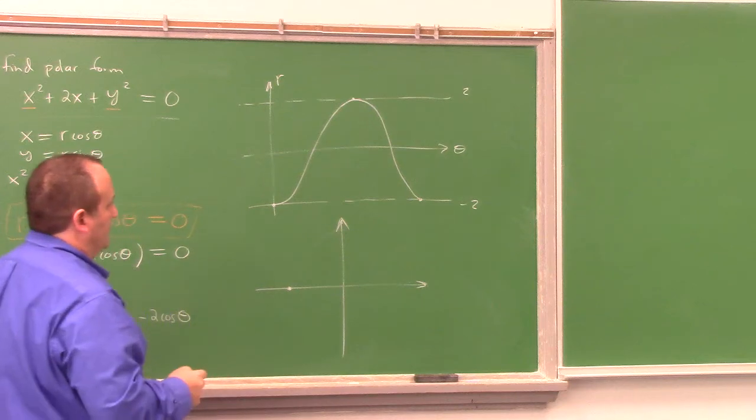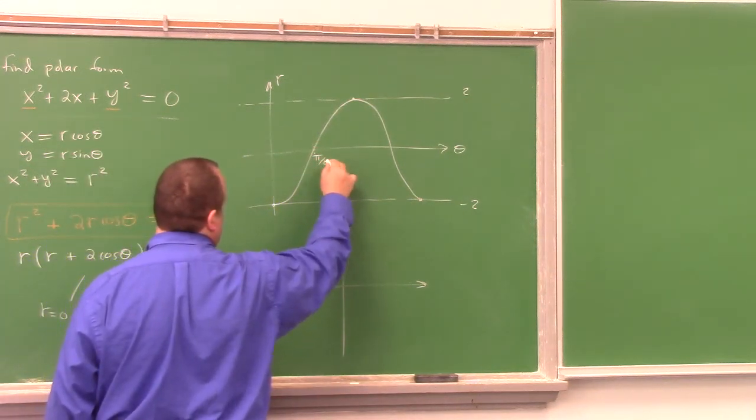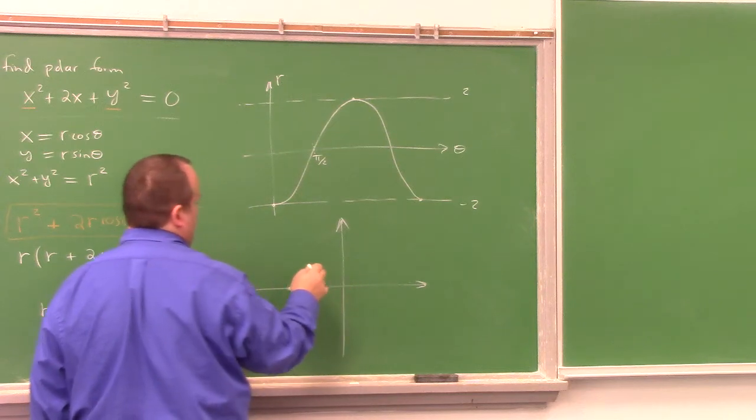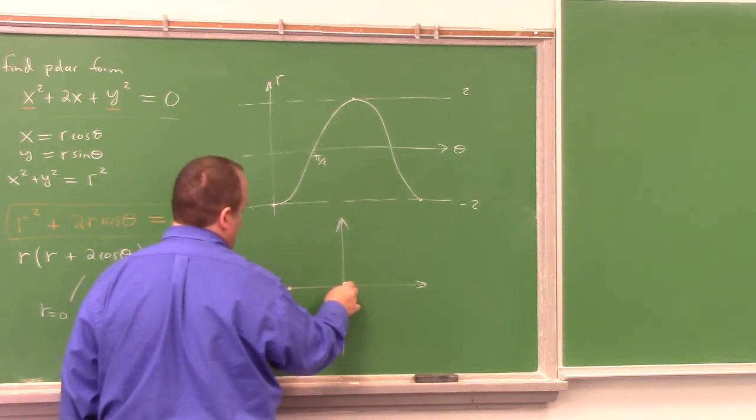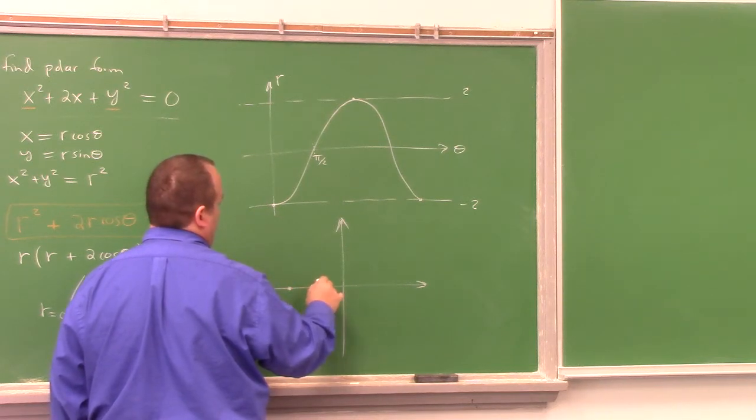And then what? We get radius 0 at pi over 2. Let's see here, trying to think through this.